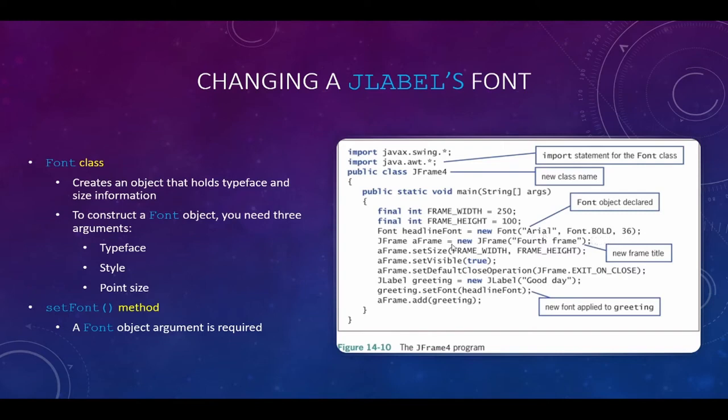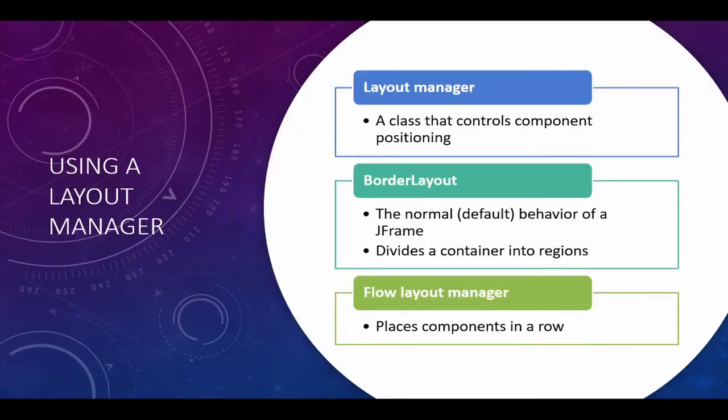Then when you create that font, you need to set the font to the font you created. When you do a setFont, it wants to see a Font, with a capital F. Capital F Font is in java.awt, like you can see right here. So you need to make sure you import that as well if you're going to change the font from whatever the operating system default font is.